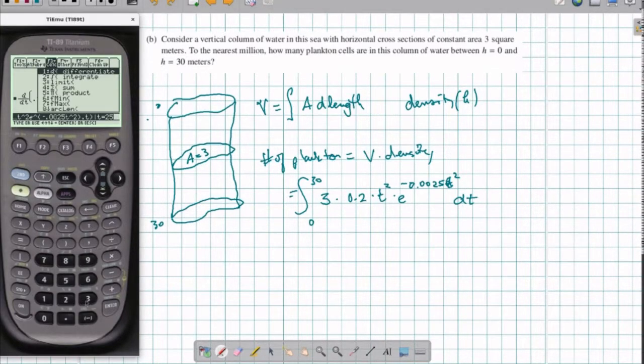So I'm going to do that integration. So we're going to do calculus 2. We're going to integrate 3 times 0.2 times h squared times e to the negative 0.0025 h squared, with respect to h from 0 to 30.